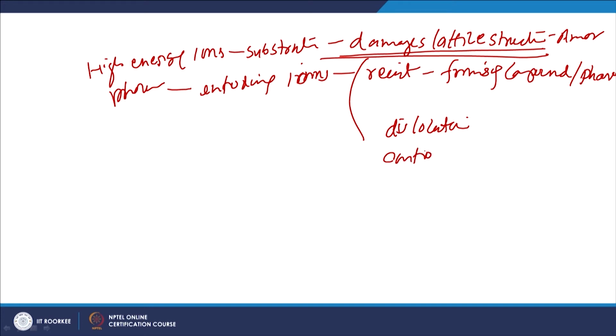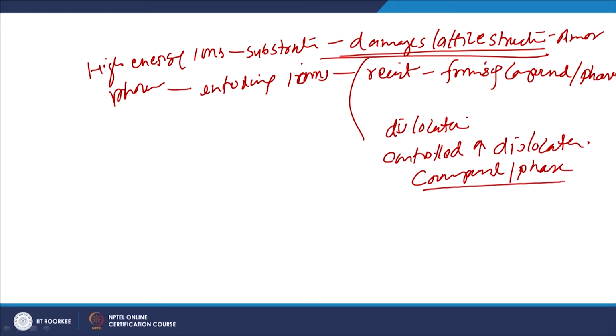So basically the development of the damaged lattice structure, coupled with the controlled increase in the dislocation density and the formation of the compounds or phases, will help to improve the properties. These phases can be stable or unstable, which means they will modify their characteristics and nature as a function of time and with the change of the conditions to which they are exposed.